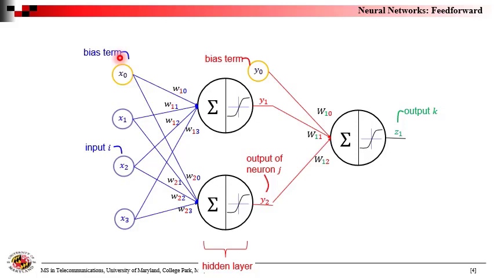So x0 is equal to 1 and y0 is equal to 1. In general, we could have D input features, NH nodes for the hidden layer, and C output nodes. But in our case, D is equal to 3, NH is equal to 2, and C is equal to 1.